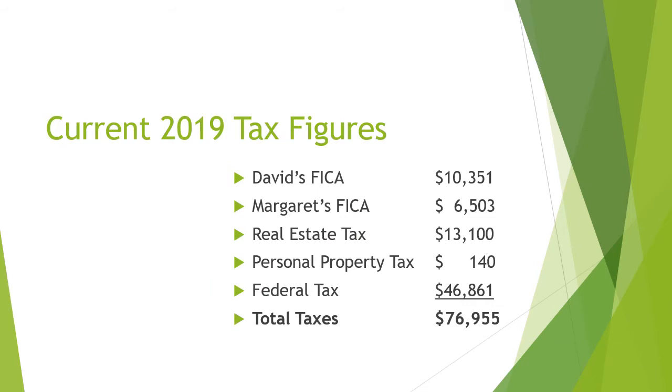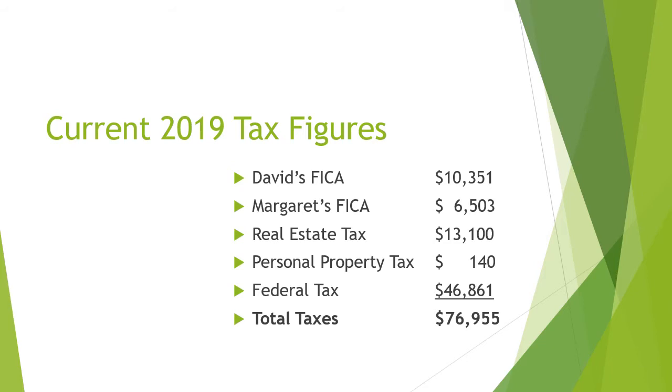As you can see on the slide, here are the current 2019 tax figures that you submitted at the beginning of our discussions. To begin with are your payroll taxes that will be paid this year. FICA stands for Federal Insurance Contributions Act, which is the federal payroll tax that goes to fund Social Security and Medicare programs.